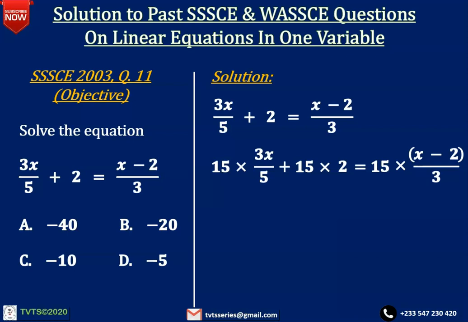Now, 5 goes into 15 3 times, and 3 times 3x is 9x. 15 times 2 is 30. 3 into 15 is 5 times. 5 times x is 5x, and 5 times negative 2 is negative 10.